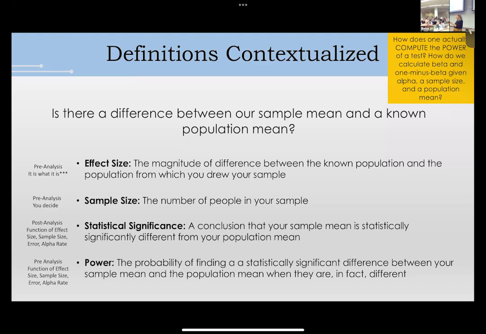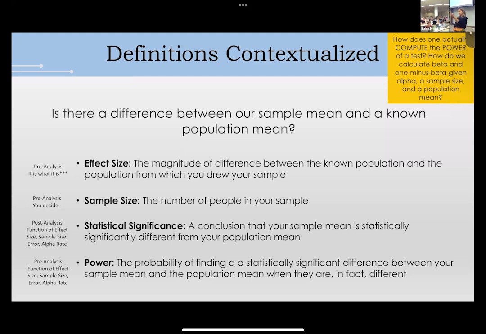I can set power at 0.9. I want the probability of finding an effect, assuming it's there, to be 0.9. You can actually do that power calculation. It's called an a priori, meaning before, power analysis. The way you do that is you say, this is the effect I think I'm going to find. This is the Cohen's d, literally, I think I'm going to get. 0.1, 0.2, 0.3, right?